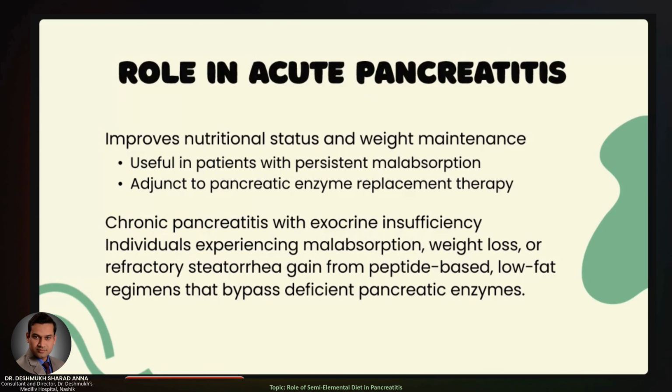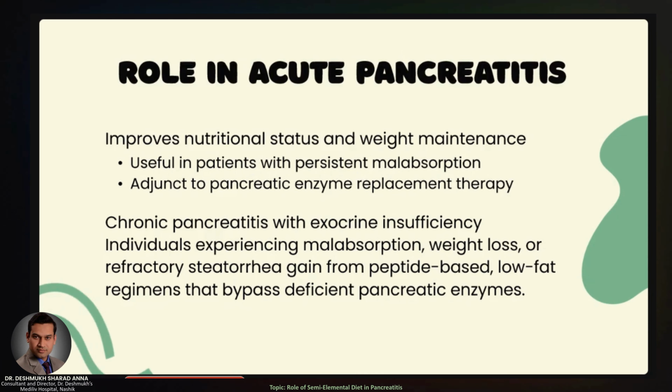So the role in acute pancreatitis, basically, is that it improves nutritional status and weight maintenance. It is useful in patients with persistent malabsorption, as an adjunct to pancreatic enzyme replacement therapy.